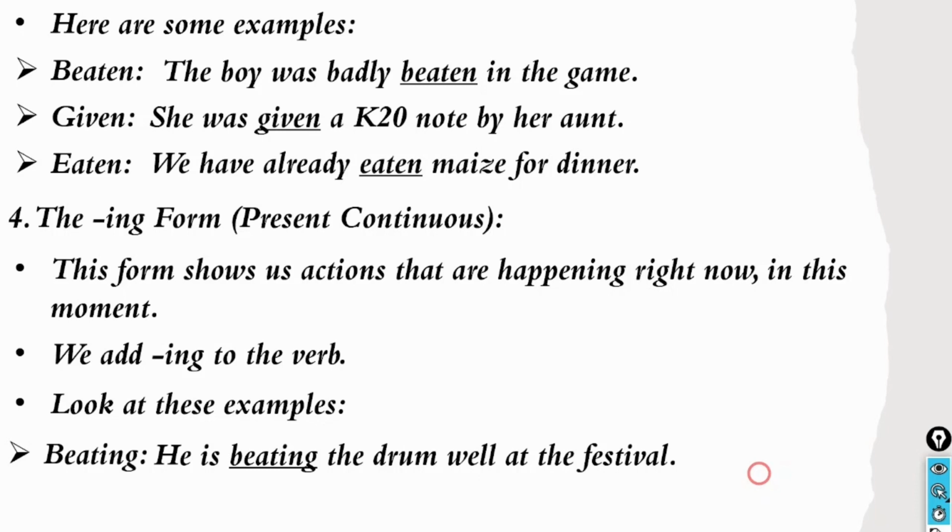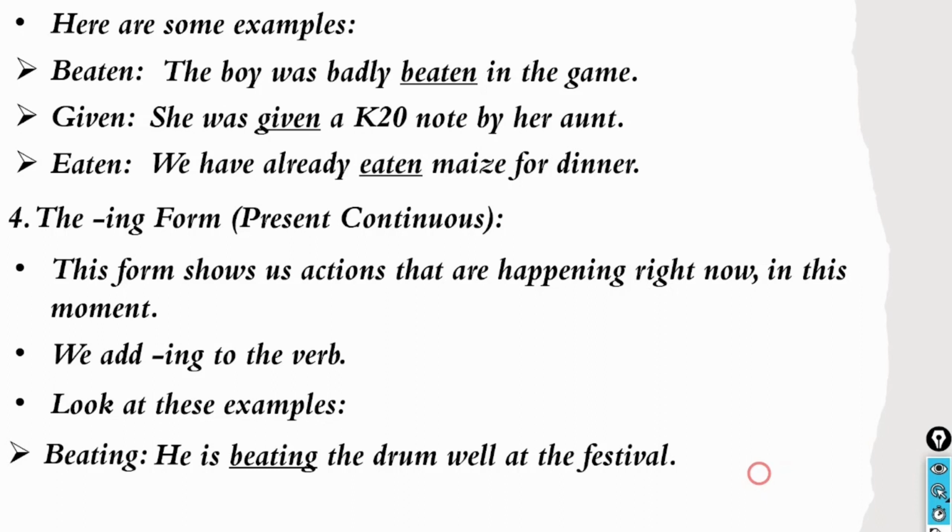He is beating the drum well at the festival, like you are telling your friend. You are standing side by side with your friend, and you are watching an event happening. Then you tell your friend, at the very moment someone is beating the drum, you point at the actual person maybe, and you say, he is beating the drum well at the festival.